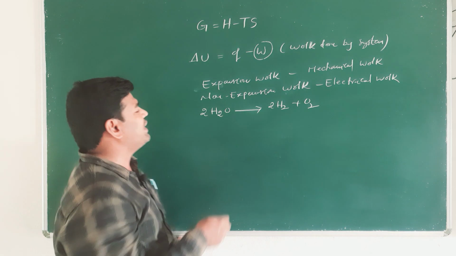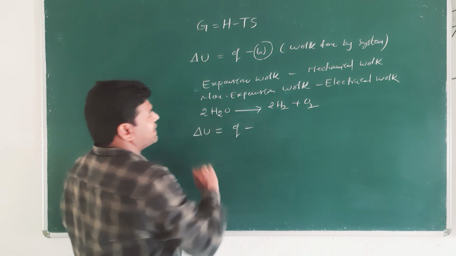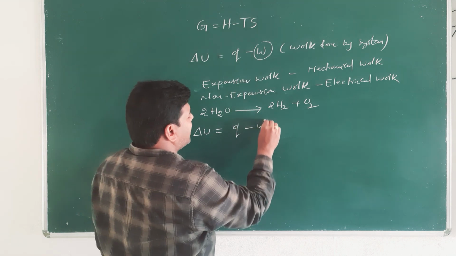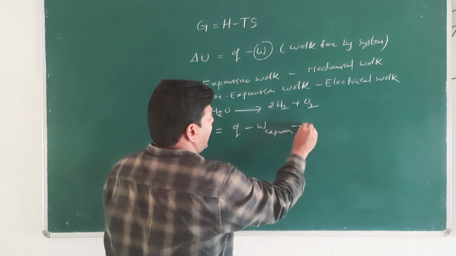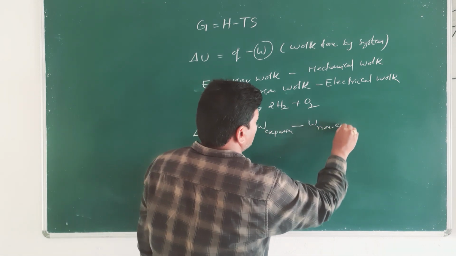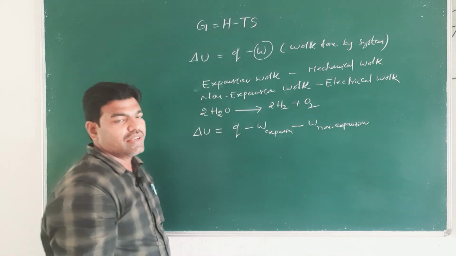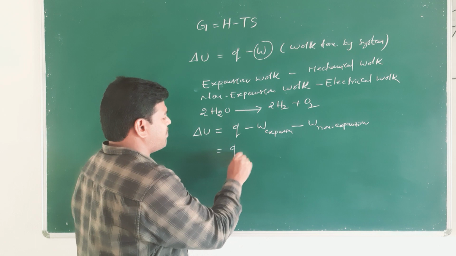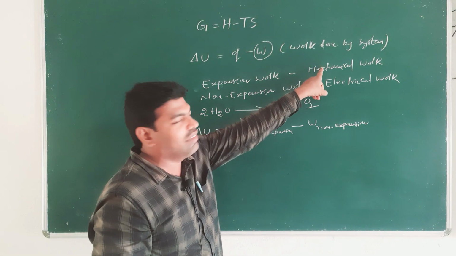So we can write delta U is equal to Q minus W expansion work minus W non-expansion work. Expansion work is nothing but mechanical work.